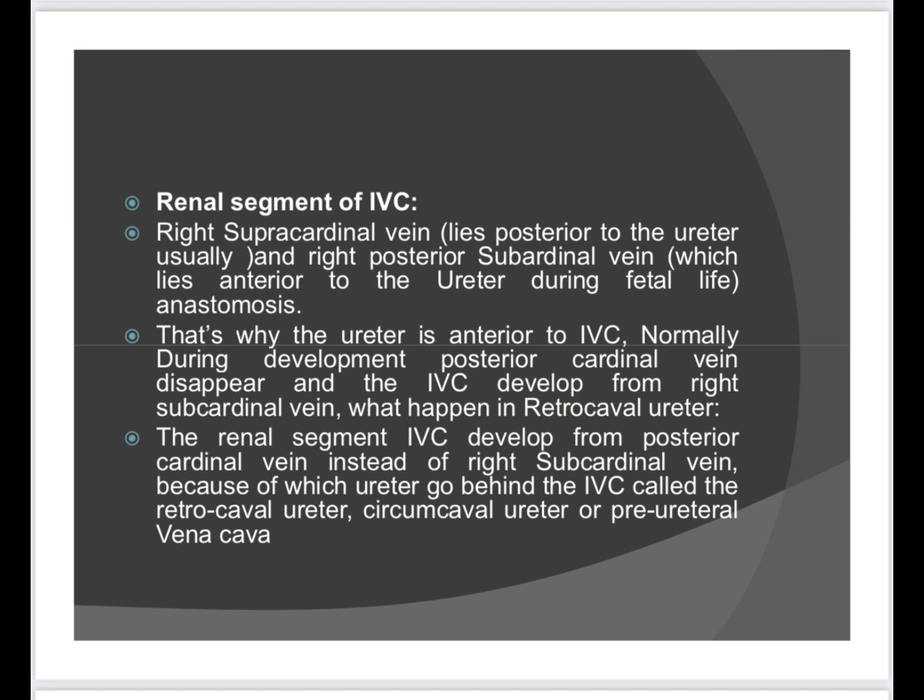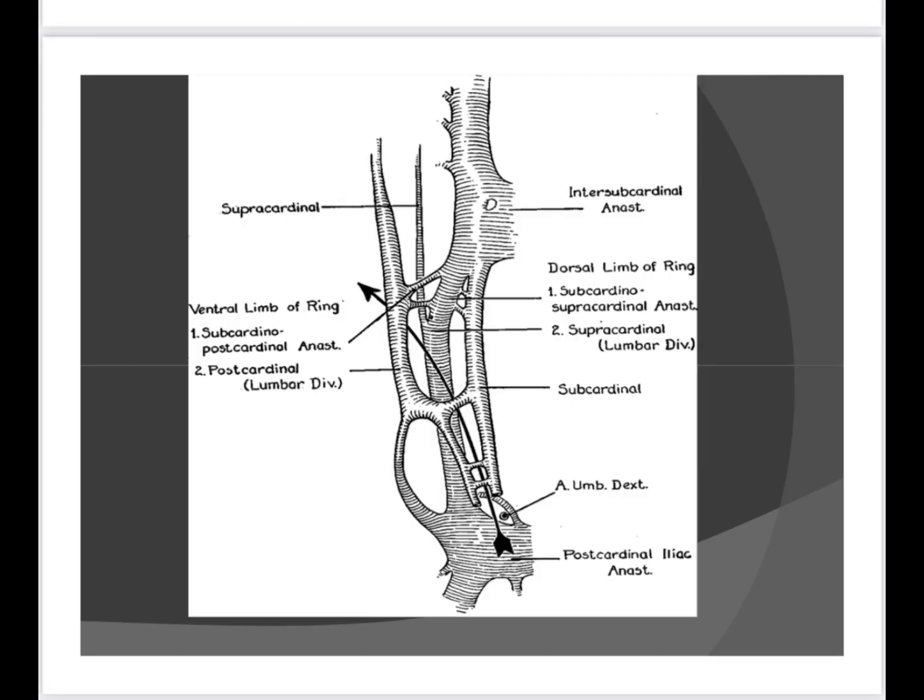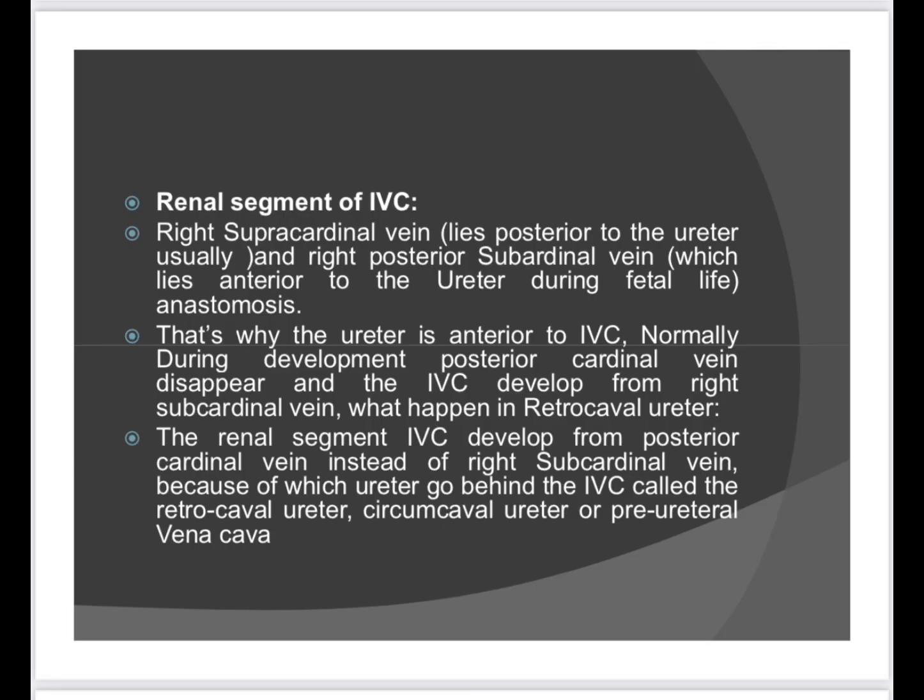posterior to the ureter, meaning the ureter is anterior and the IVC is posterior. This portion is also developed from the right posterior subcardinal vein. Normally the ureter is present posterior and the right posterior subcardinal vein is present anterior.